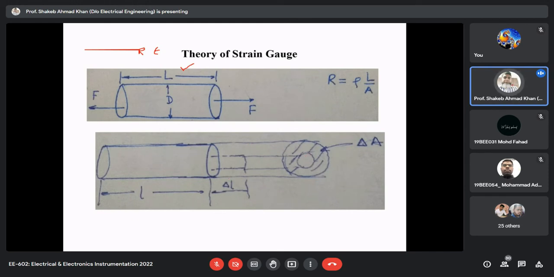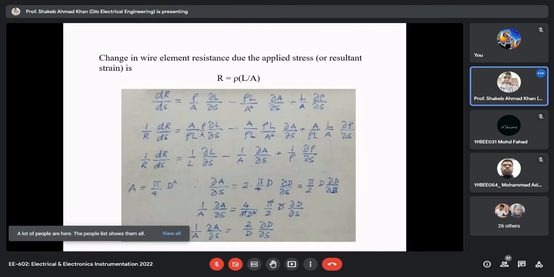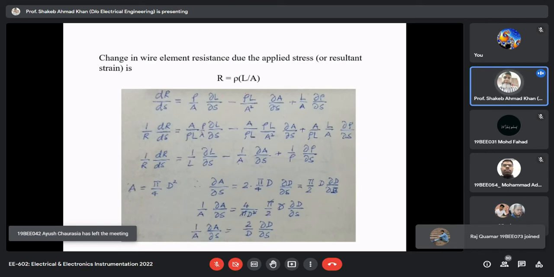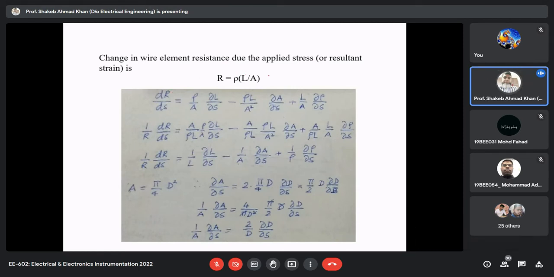So now we are in the process of deriving the expression for how resistance and the resultant strain in this wire, this strain gauge element, are related. So this is the initial value of the resistance, and after it is stressed, there is a deformation, then a change in it. S is the applied stress, because without stress there is no strain.